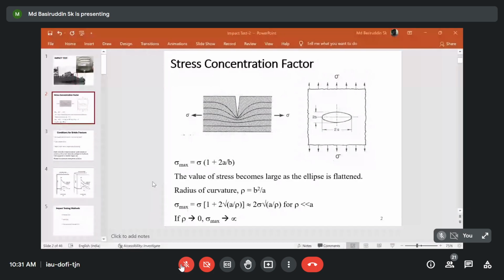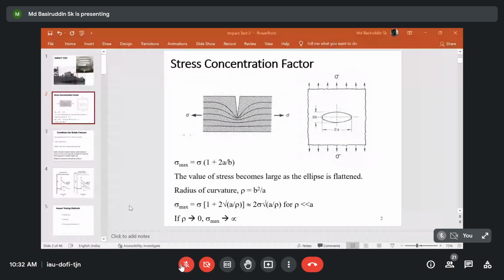So this is the basic equation by which you can think that if your applied stress is sigma, then ahead of the notch, the stress values will increase, and that can exceed the tensile strength or the fracture stress values, and that leads to the fracture.